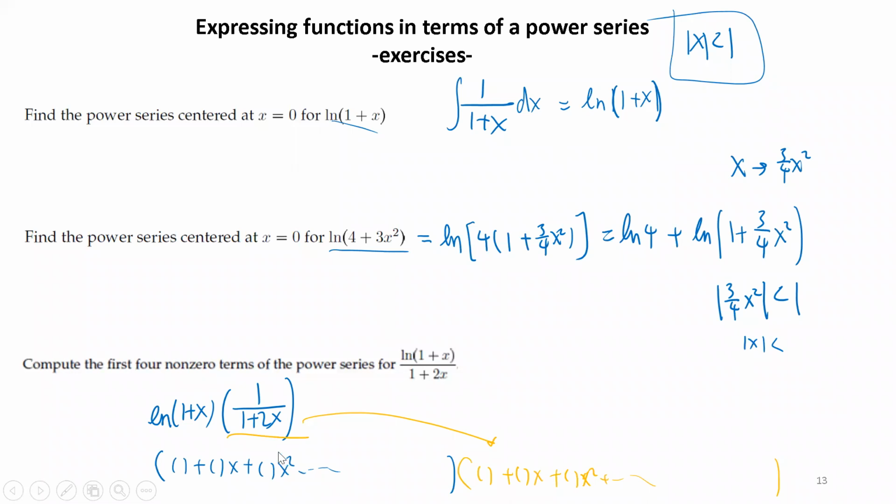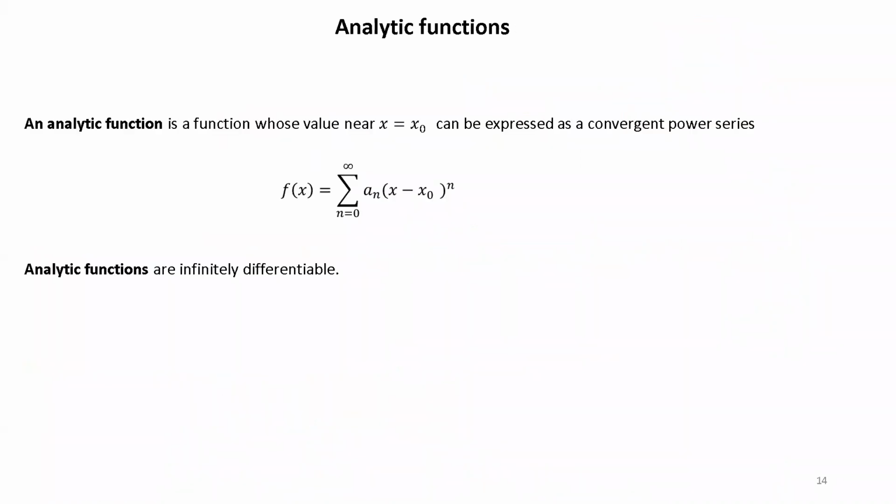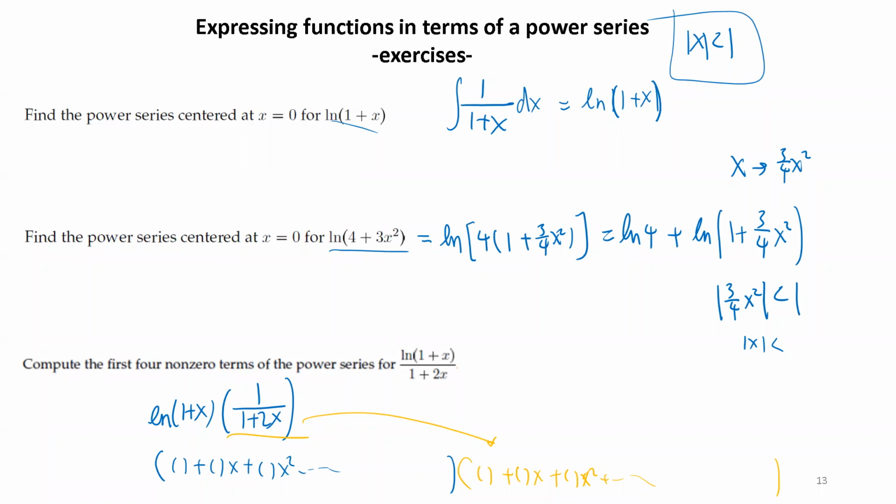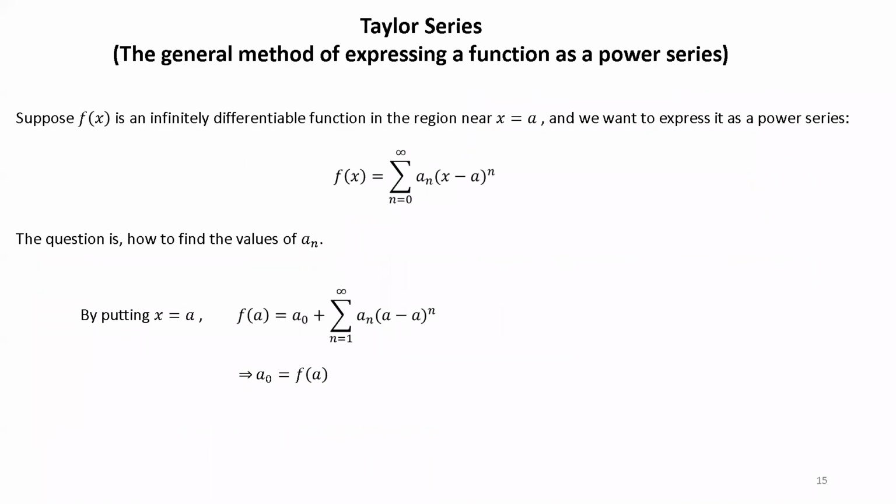Then all you need to do is term by term multiplication, and at the end you also have an infinite series, which will give you the product of these two functions. But again, you need to pay attention to the interval of convergence and so on.